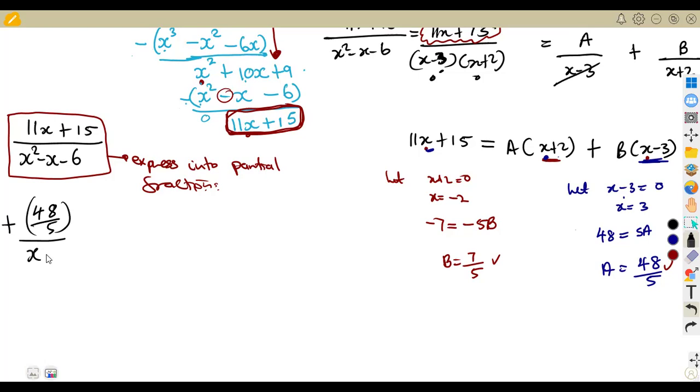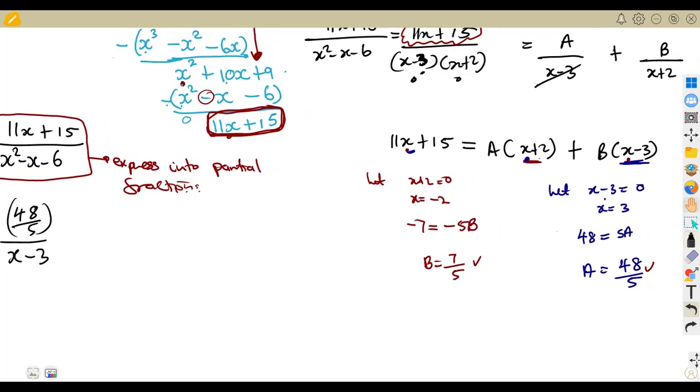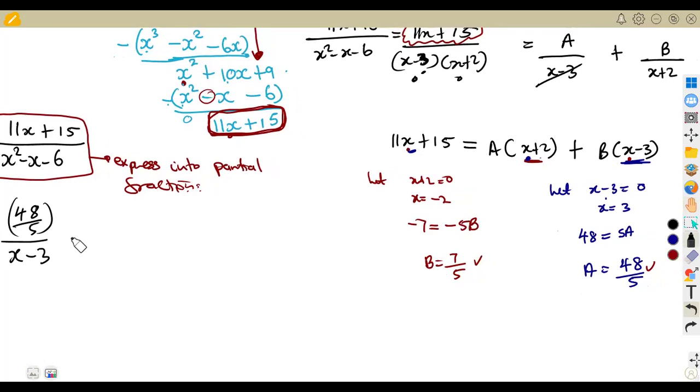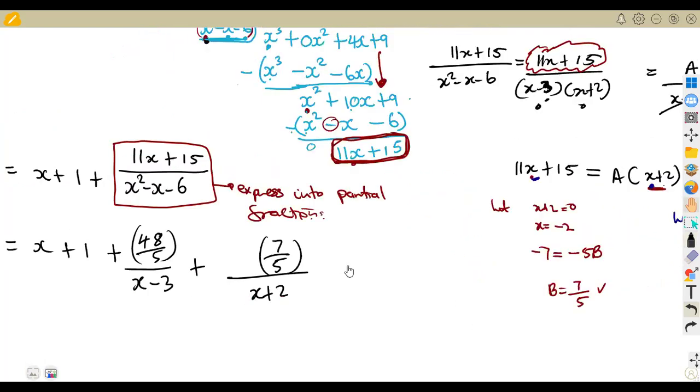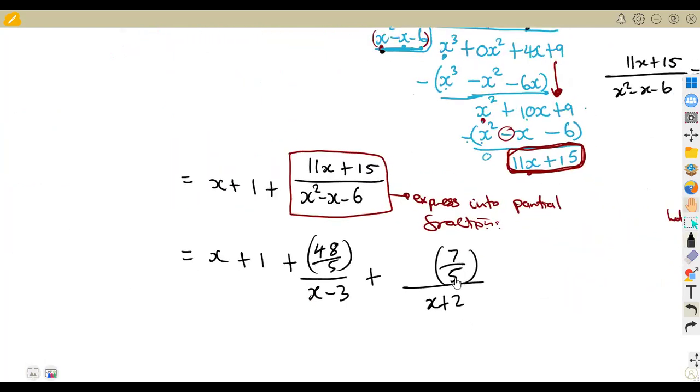This is a over x minus 3, plus b over x plus 2. So this is b, which is 7 over 5, so it's plus 7 over 5 over x plus 2. So we've substituted our a and b from the remainder. This is what we are remaining with.